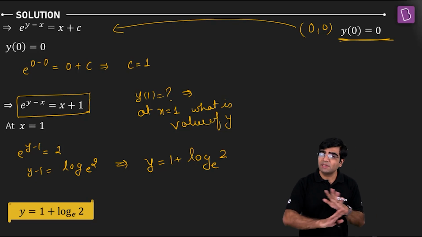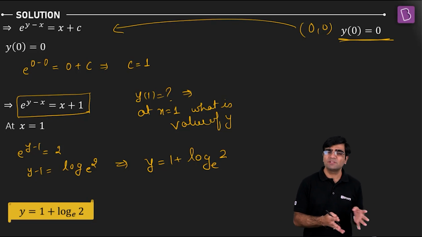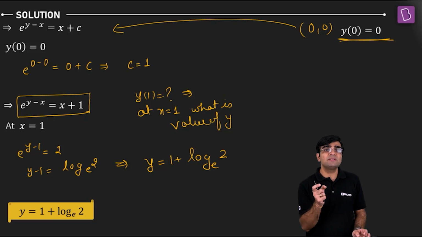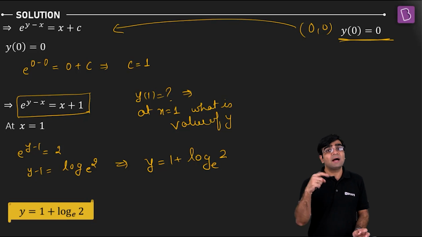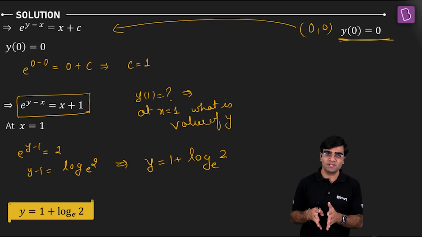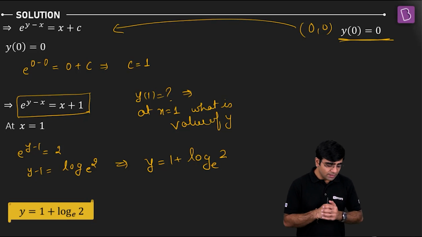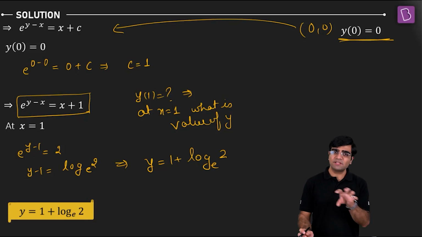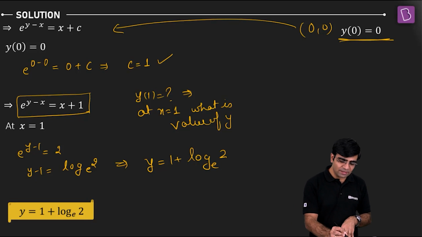See, this question was a pretty easy cakewalk. A very simple calculation for solving a differential equation. Given y0 equal to 0, the curve is passing through 0, 0, and after that I have to figure out the value of c, because c is always associated with the differential equation. It's an integration constant, since it's an indefinite integration, so I have to put that. Then I satisfied the origin into it. Fortunately, I got the value of c equal to 1.